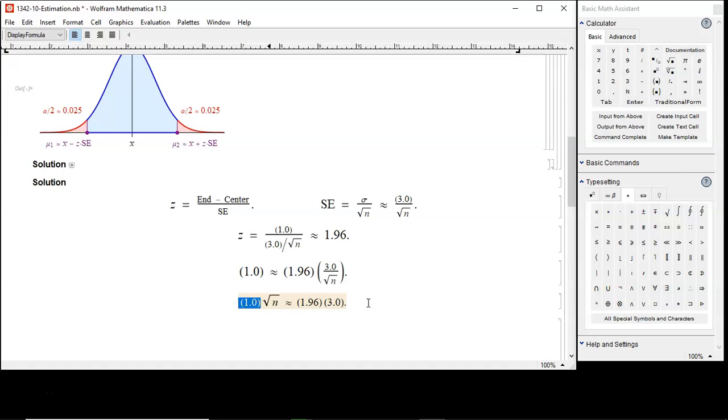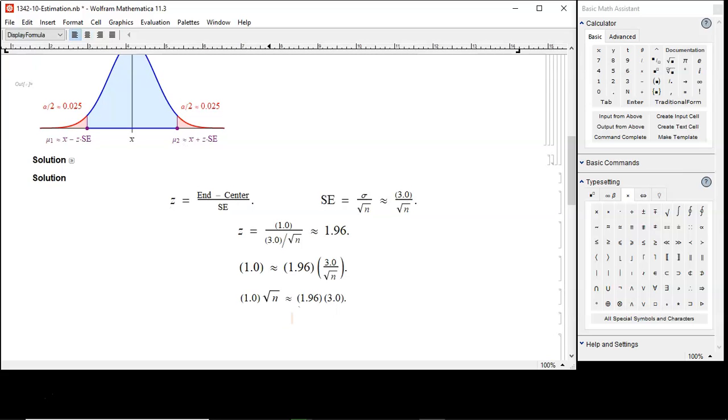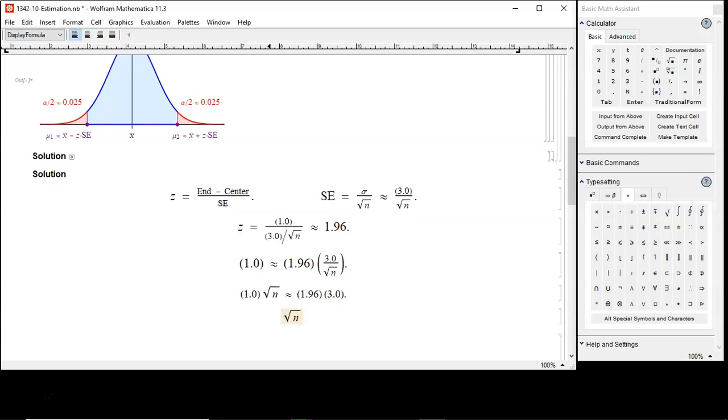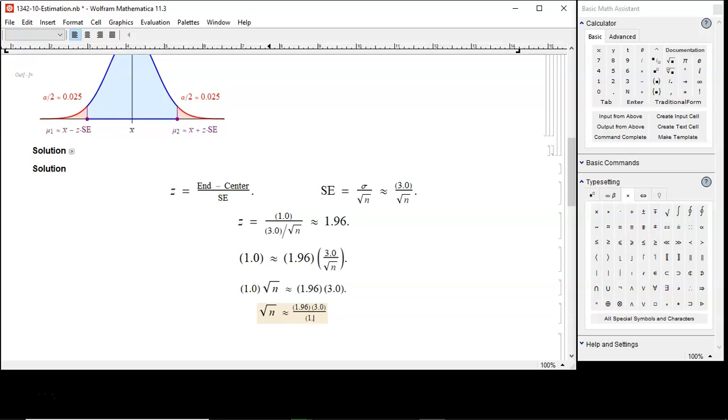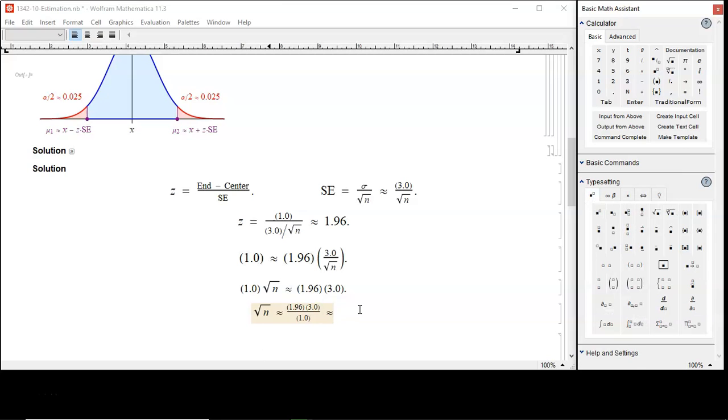Well, dividing by 1.0, so actually that's nothing to it, but still, just for the argument's sake, let's divide by that. So we have 1.96 times 3.0 divided by 1.0, and that is, well, a certain value.